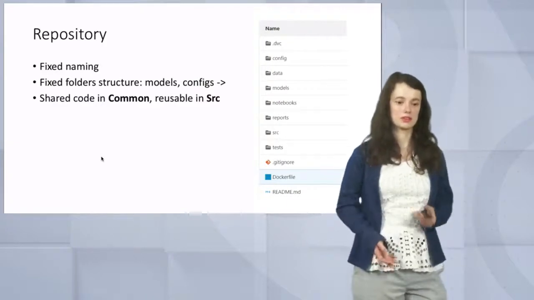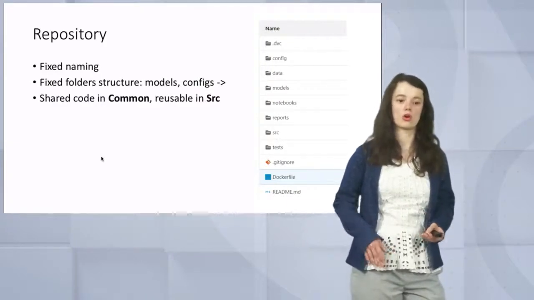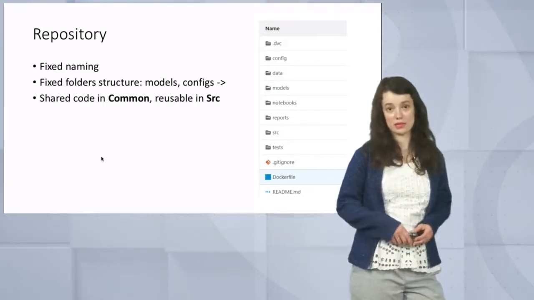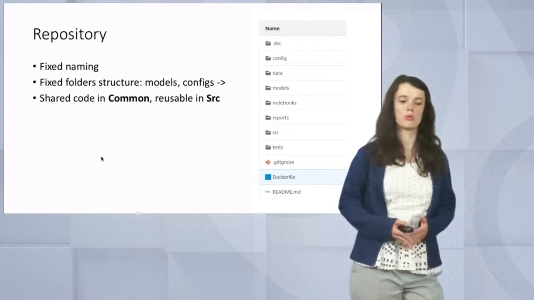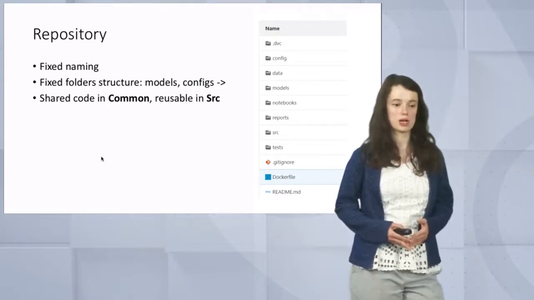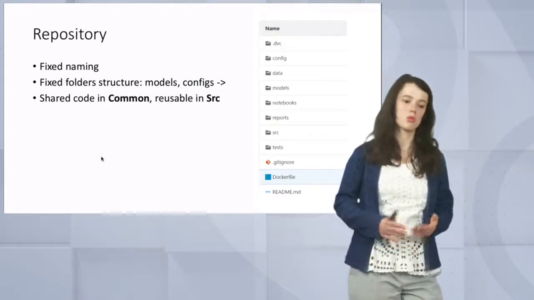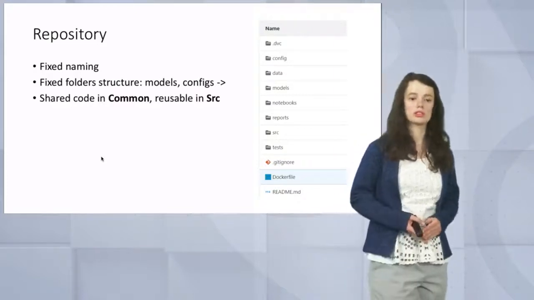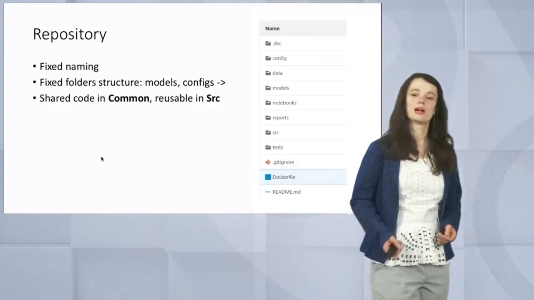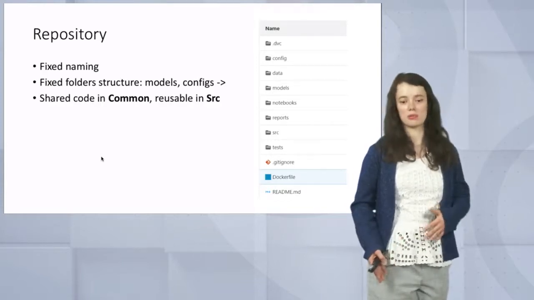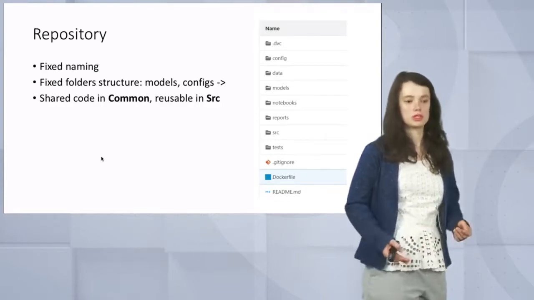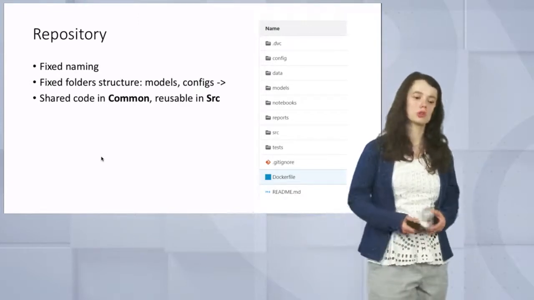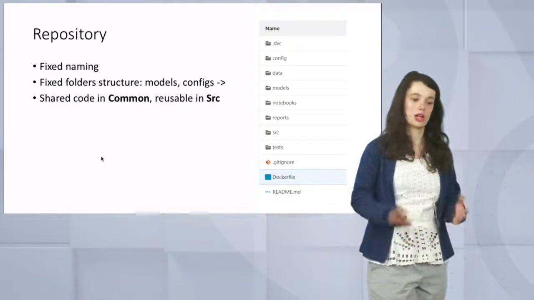And this should be shared in your department. Then you need to store all your models in one place. For example, if it's a small project, it's enough to store all your code in the src folder. But if it's a bunch of projects, you need to have a common folder in which you will store your shared code.